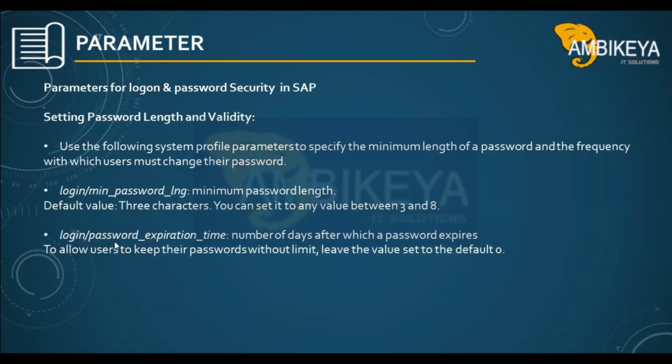In our organization, we have to reset our password every 3 months. That gets set from here in SU01. If you set the duration as 60 days, then once you set your password, for 60 days, after that the system will ask you for a password reset. Length you can set from here.